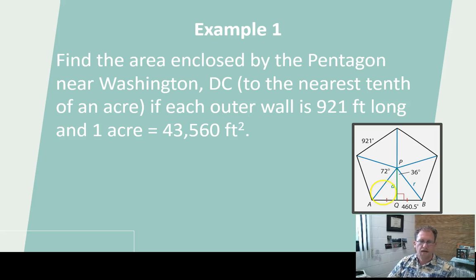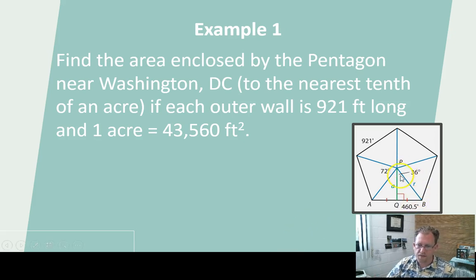Anyway, here we go. We need to figure out what the apothem of this is so we can use 1/2 AP. The apothem, and I know that because there are 5 angles here, each angle has to be 72 degrees because 360 degrees takes you all the way around. It's 360 divided by 5 is 72.